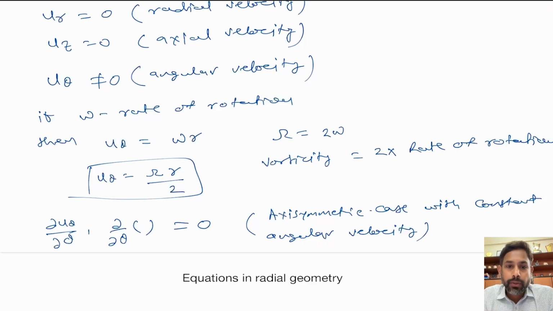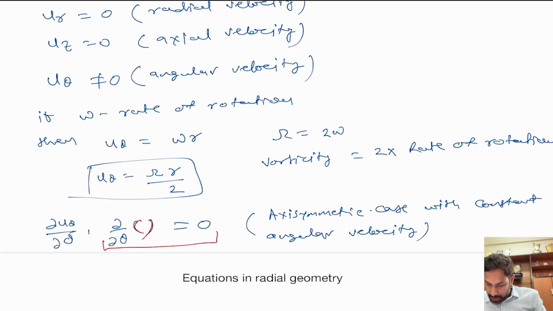We know that it's rotating, but that angular velocity is the same at all points, and that actually means that at any angle theta, which goes from 0 to 360 degrees or 0 to 2 pi, u theta does not change. Likewise, any other parameter does not change with theta, and that's why anything inside this derivative, whatever you put here, this d of bracket by d theta will always be 0 in this developed case.